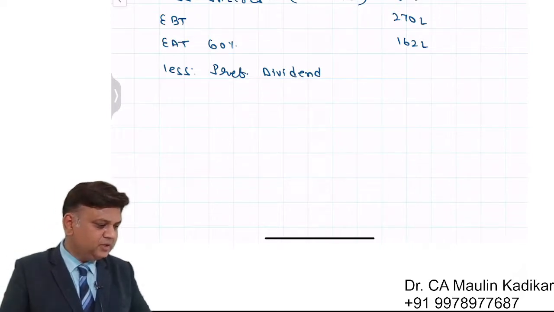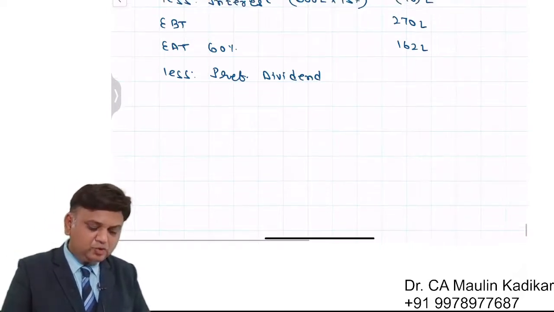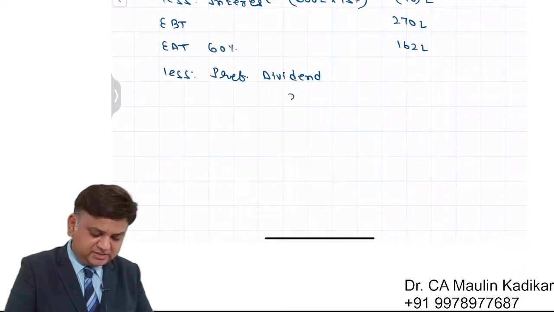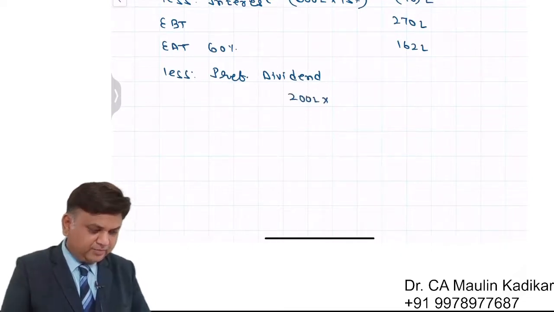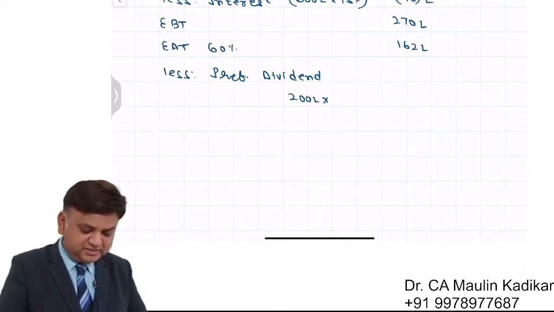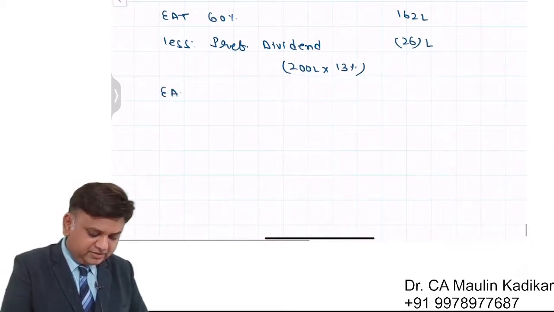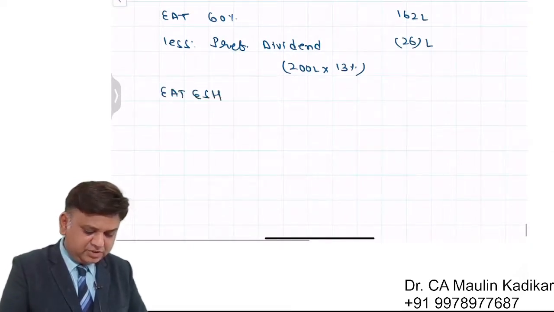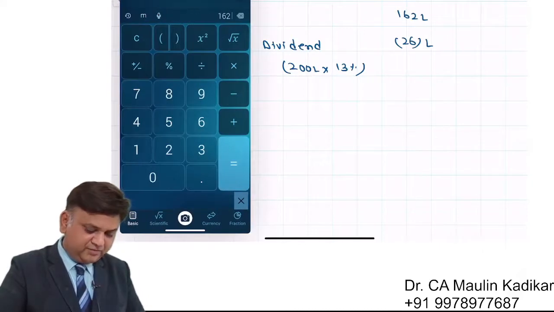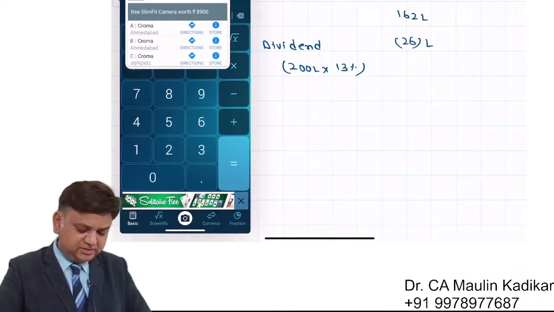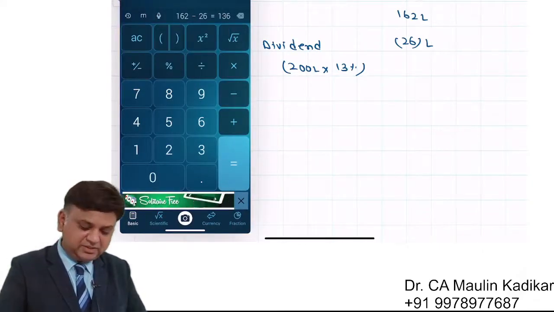Information is given about the preference share capital of 2 crore, that is 200 lakhs, and the rate of preference dividend is given as 13%. That comes to 26 lakhs. That will give us earning available to equity shareholders. 162 minus 26, that comes to 136 lakhs.